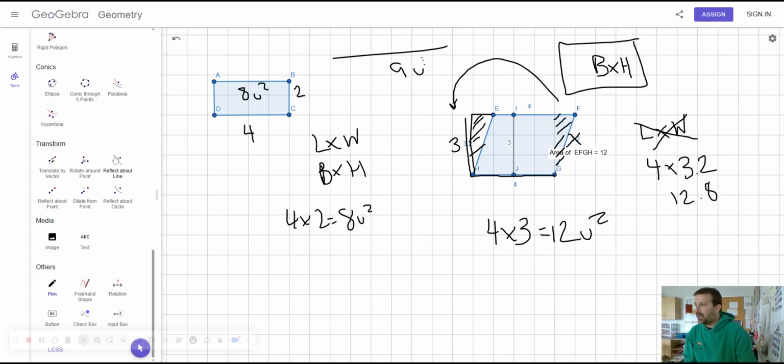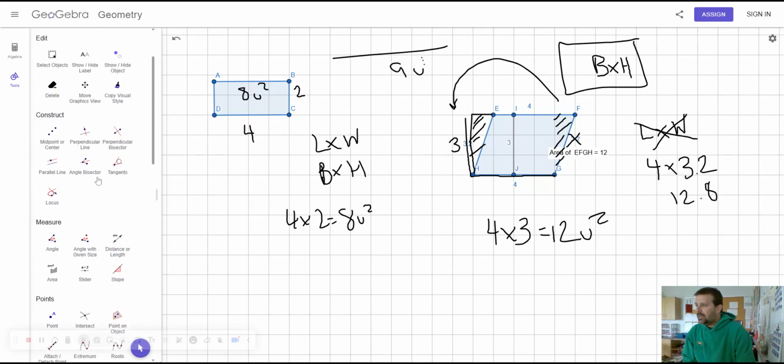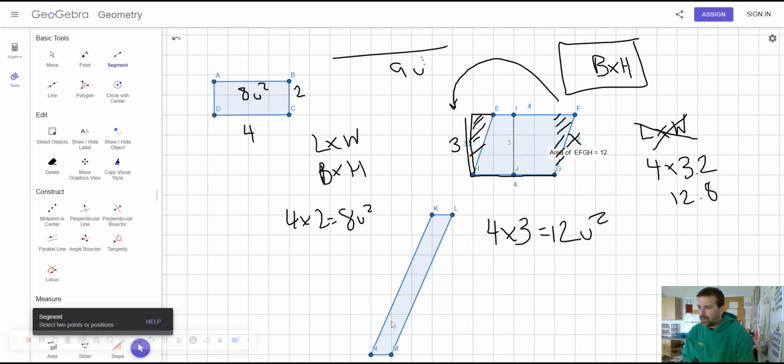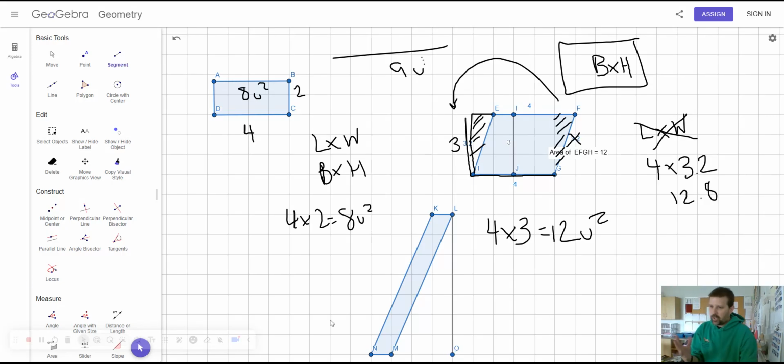Now that formula will always work, and the moving the shape is easy to understand with some parallelograms, but if you have a really, really, really weird parallelogram, it's harder to imagine moving parts of it, but in this case, it's still going to work. The formula base times height will still work. And I can just come out here and make my height out in this shape, okay?